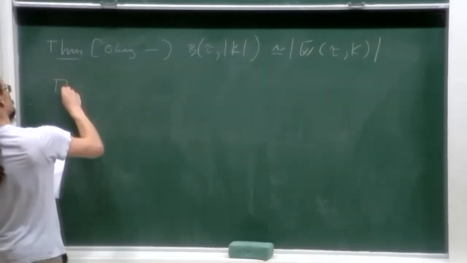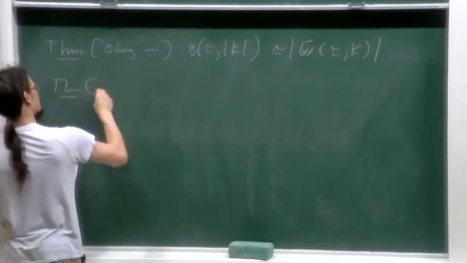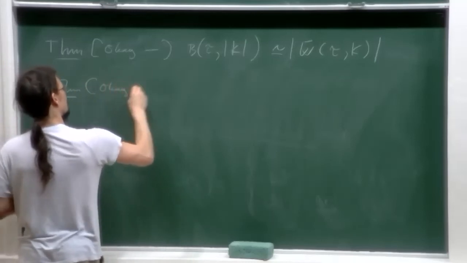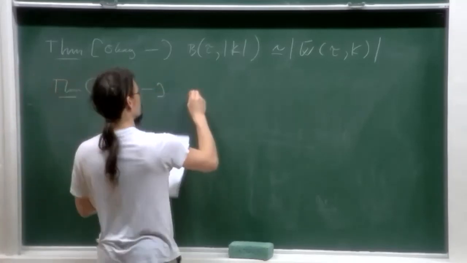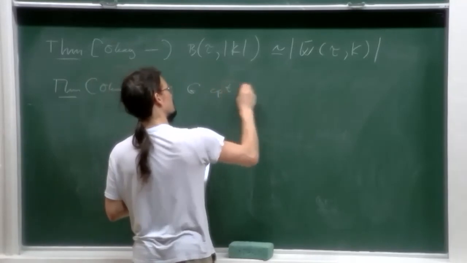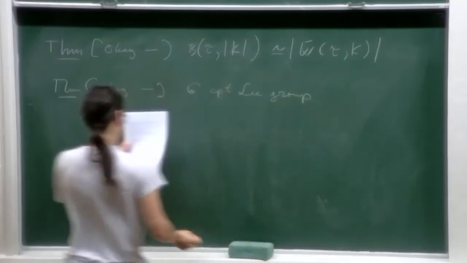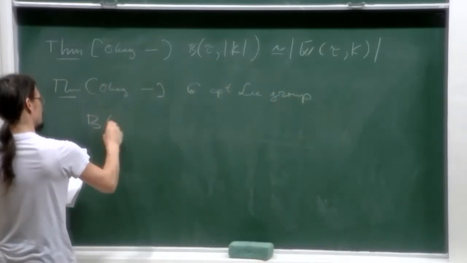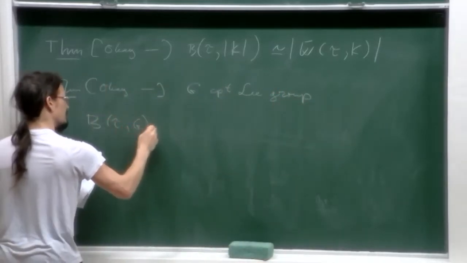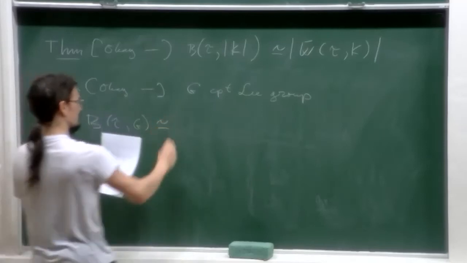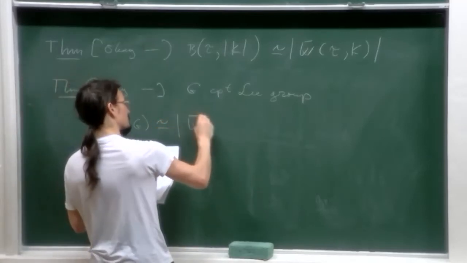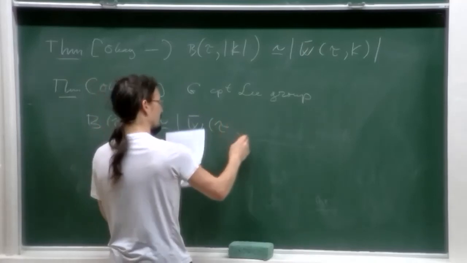And then there's also a similar result that if G is a compact Lie group, then the object B tau G can also be gotten as the geometrical realization of W bar tau as G.